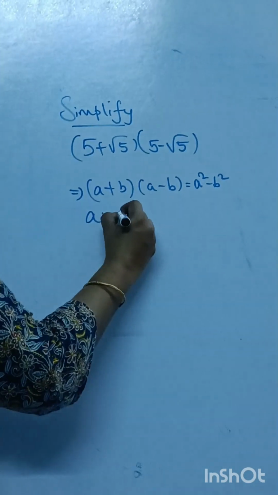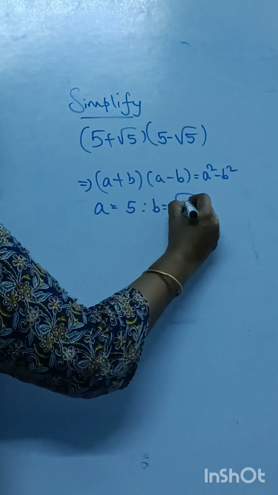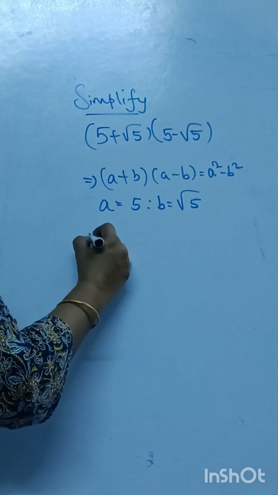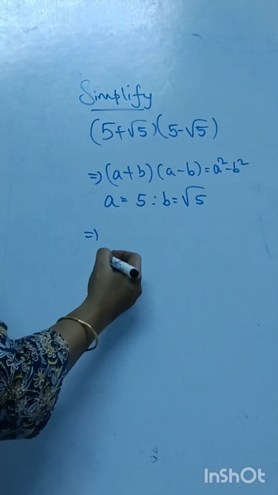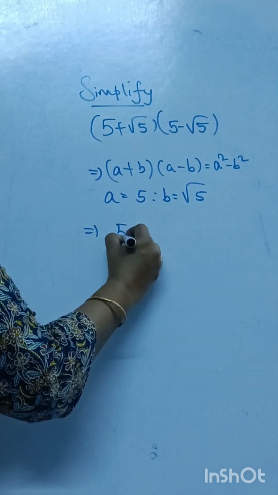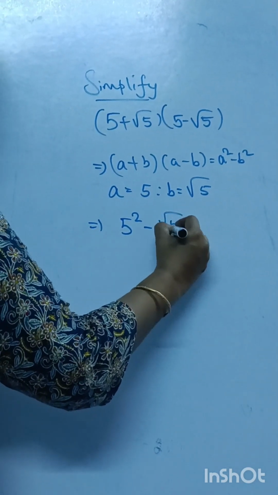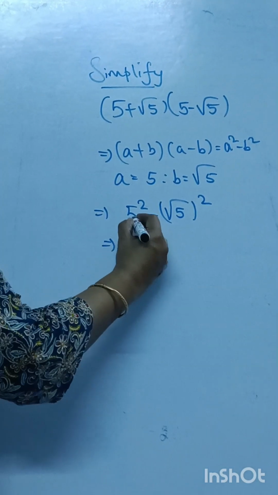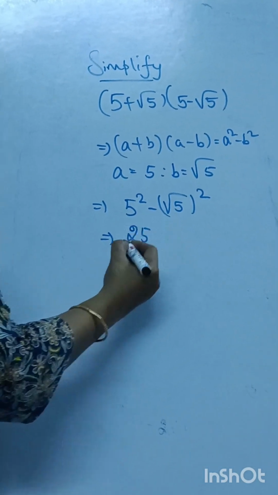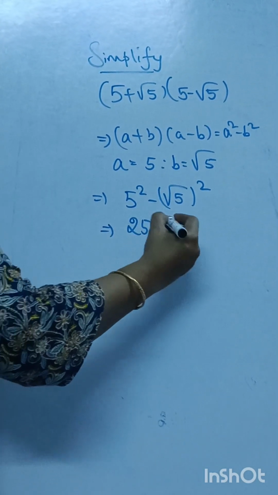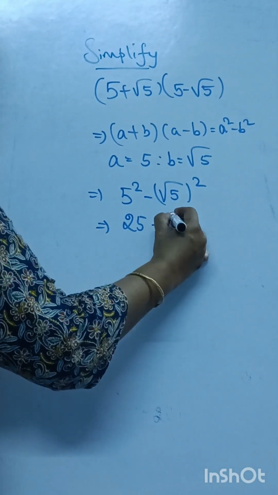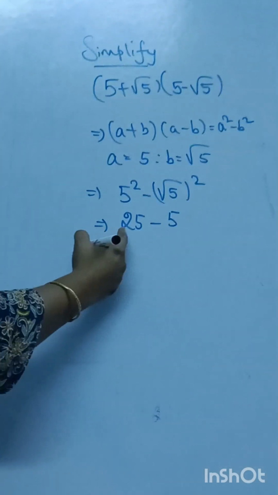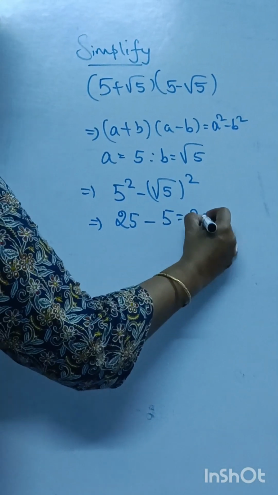Here a is equal to 5, b is equal to root 5. So 5 square minus root 5 whole square. 5 square is 5 into 5 is equal to 25, minus root 5 into root 5 will give the value 5. So 25 minus 5 will give the value 20.